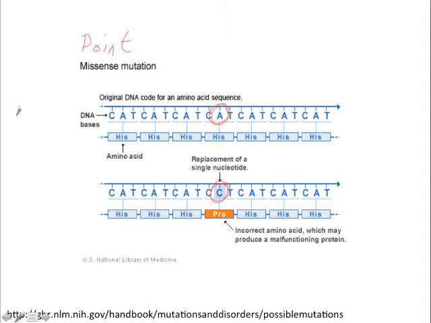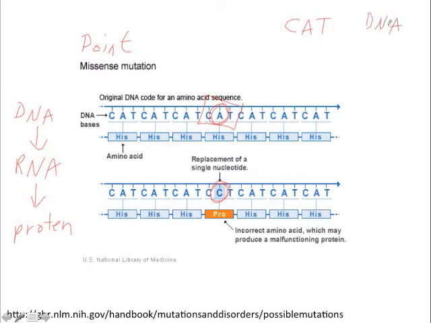Remember that DNA gets transcribed into RNA, which then gets translated into protein. So if I look, for example, at this CAT, the DNA will get translated into RNA.